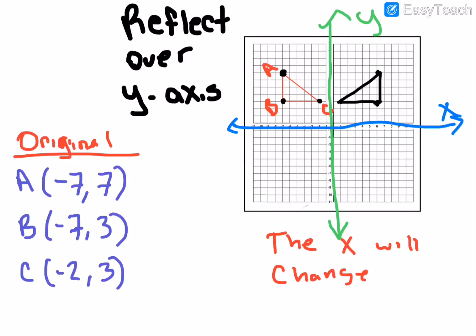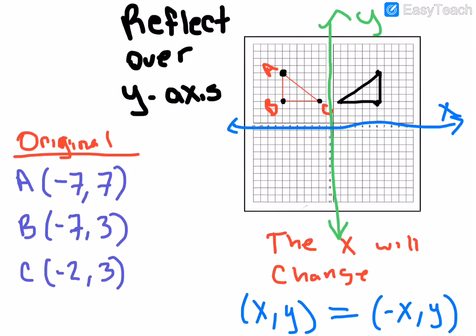Suppose they give you a coordinate plane of x, y, and they want you to reflect it over the y-axis. It is going to turn into negative x, y. Notice how my x was positive over here, and we changed it to a negative. So if your x is positive, you change it to a negative. If it was negative, you would change it to a positive.